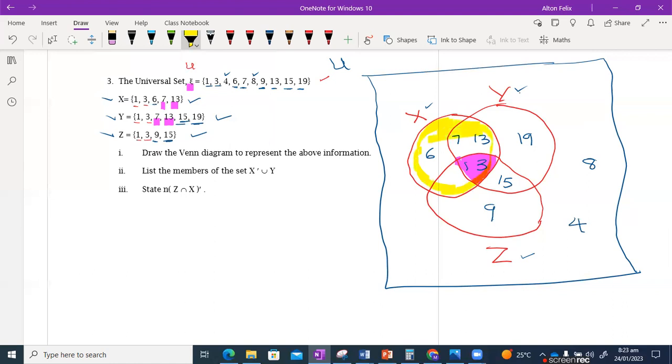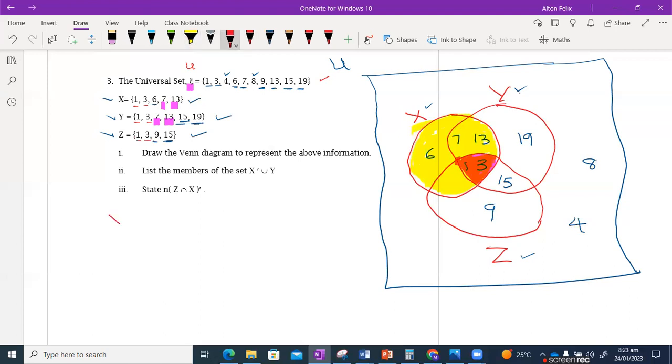All the way around, we shaded the entire circle representing X. Right, the entire circle. And everything outside of that circle will represent the complement of X.